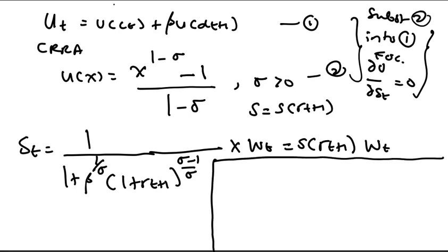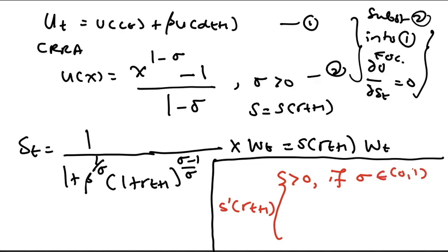Now I write using the right pen. So when you take the first derivative of s(r_{t+1}), the saving rate here, you can see that it becomes positive if the sigma is between 0 and 1.